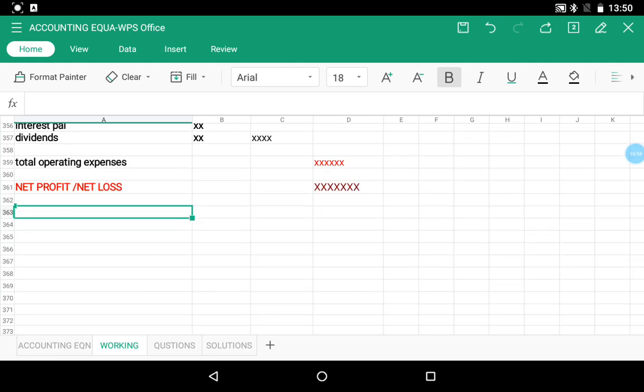Now, after getting net profit or net loss, you prepare the financial position or balance sheet.